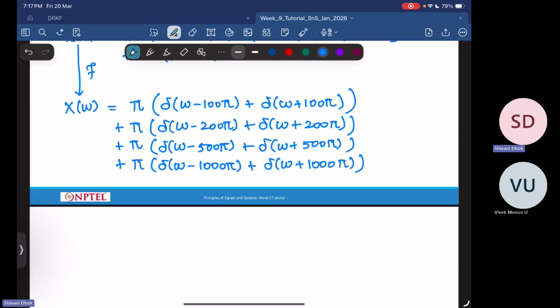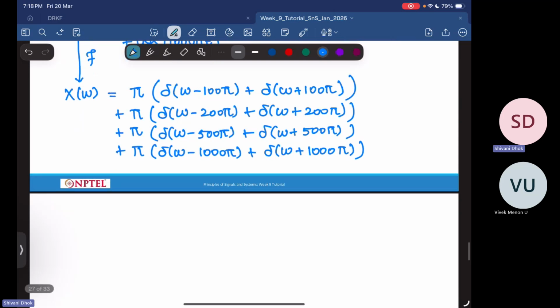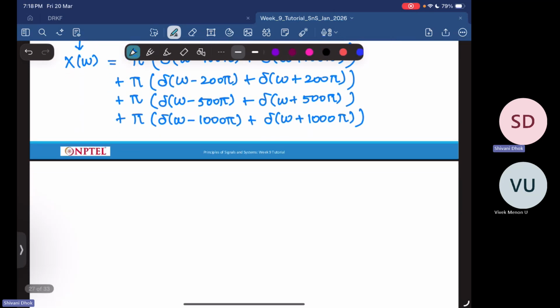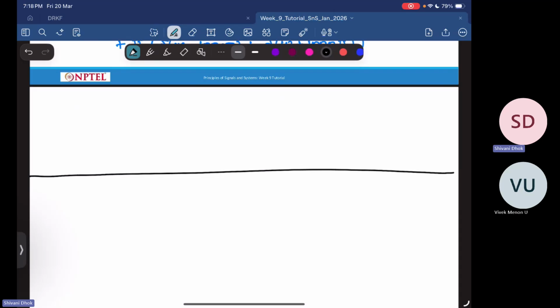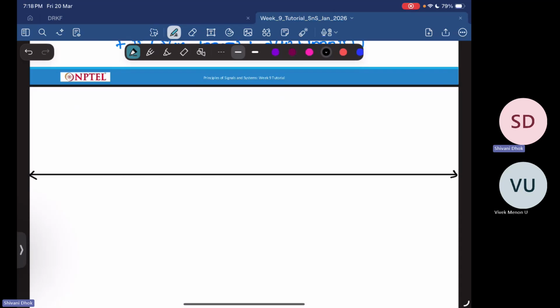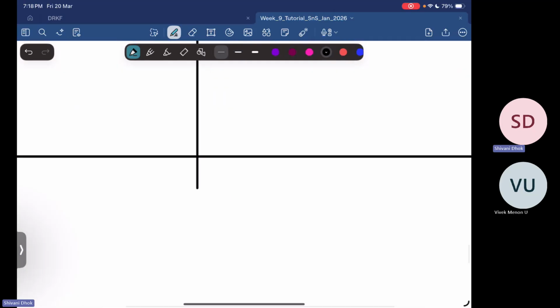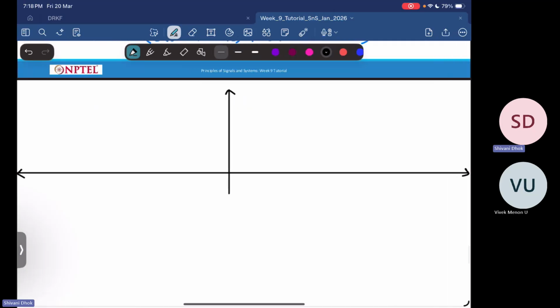Okay, so this is what we have now. So let us first draw the Fourier transform of this signal. I am interested in till 2000.